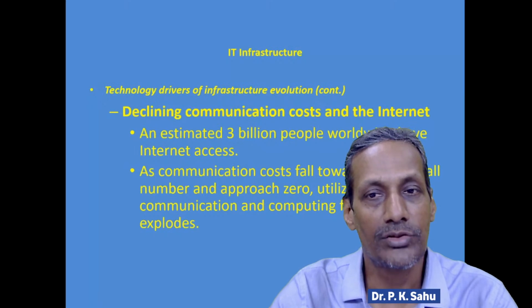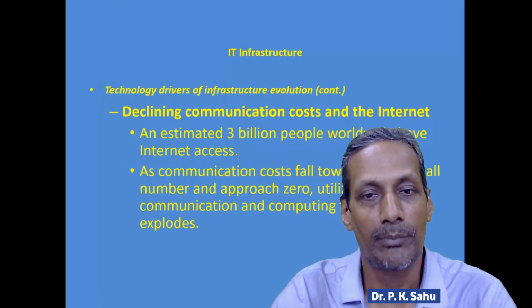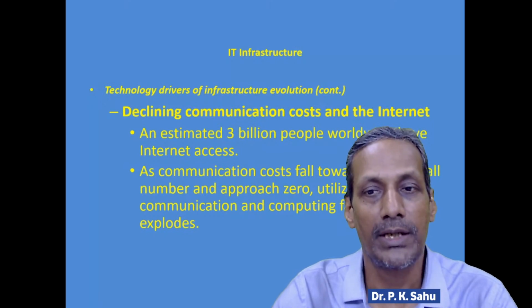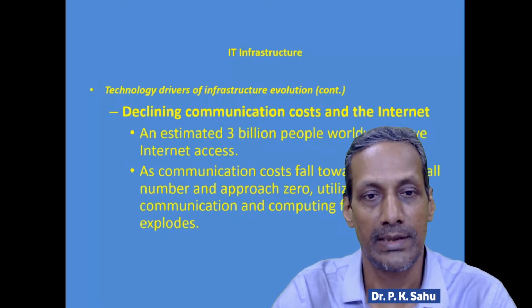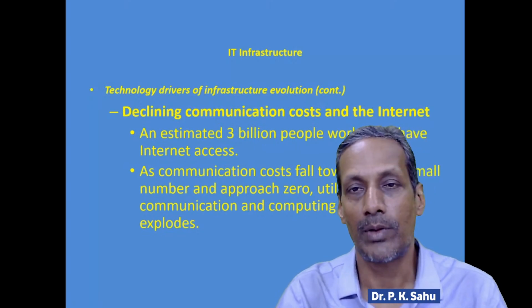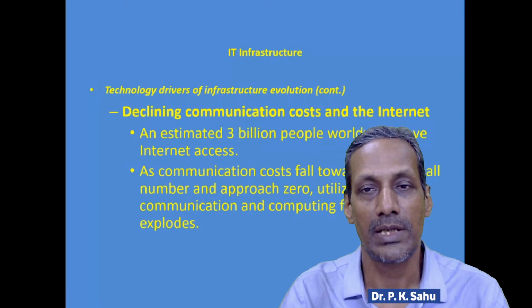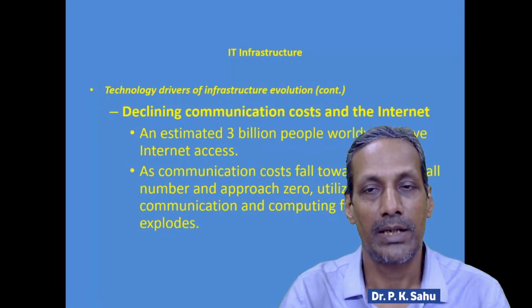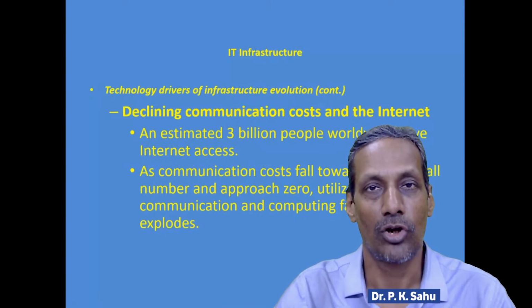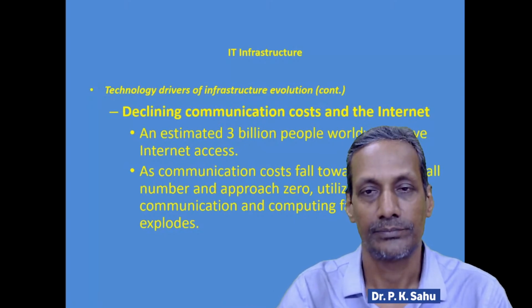As communication costs fall towards a very small number and approach zero, utilization of communication and computing facilities explodes. That's why today we say it's not just computers, but a combination of computers and communication. So we talk about communications.